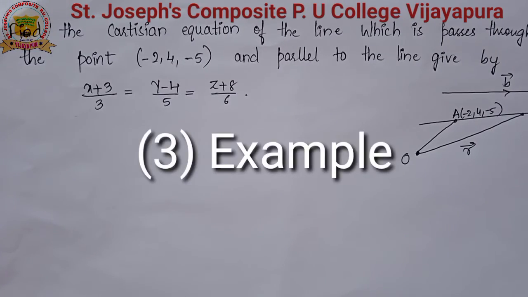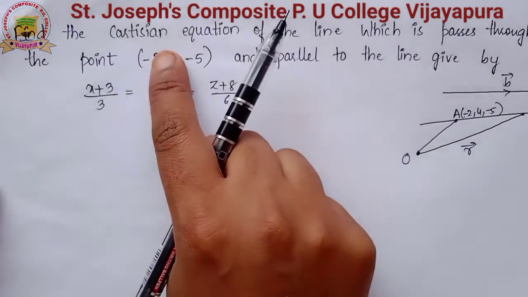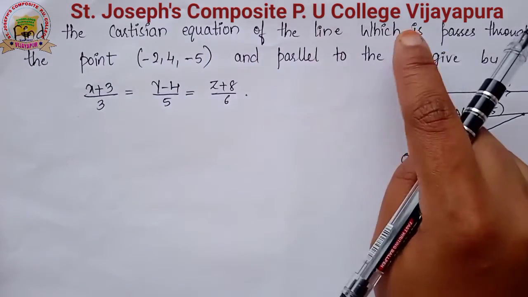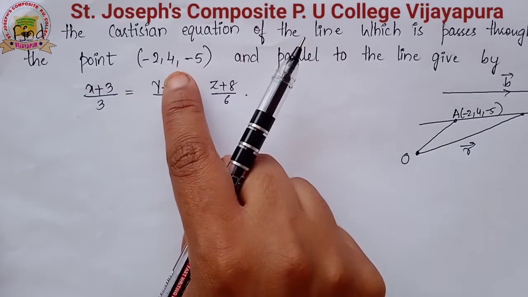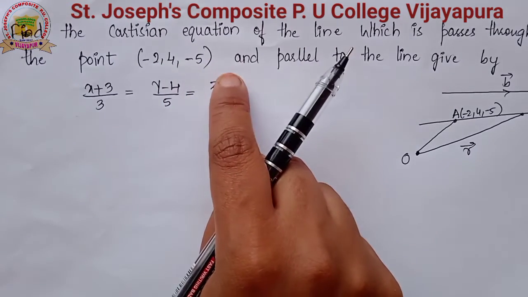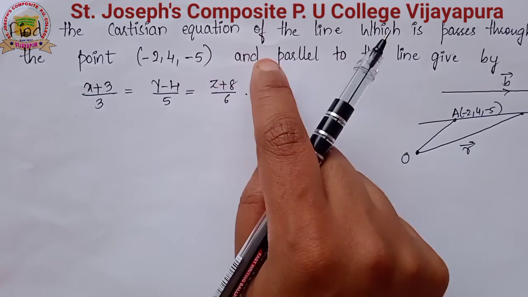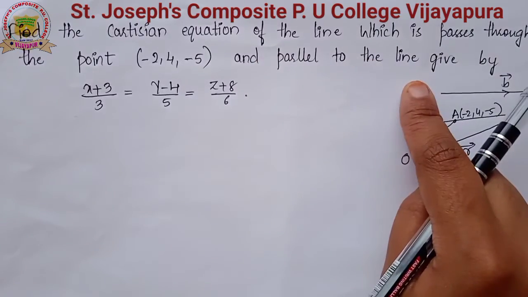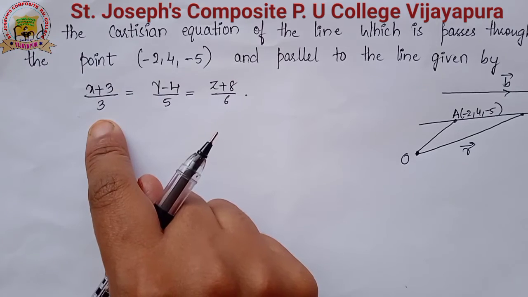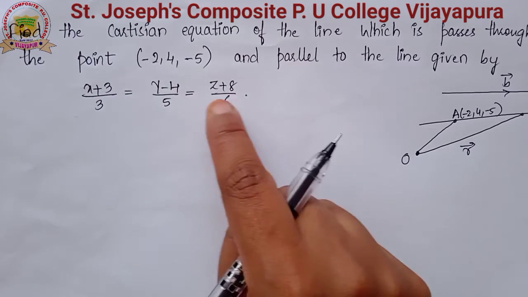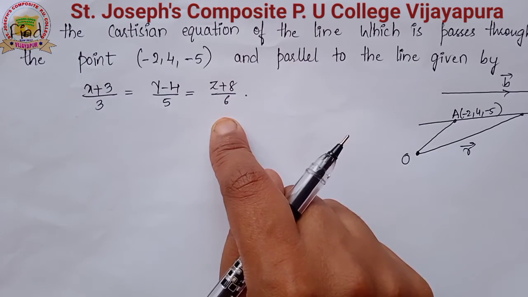Our next example is: find the Cartesian equation of the line which passes through the point (minus 2, 4, minus 5) and is parallel to the line given by (x plus 3) by 3, (y minus 4) by 5, (z plus 8) by 6.